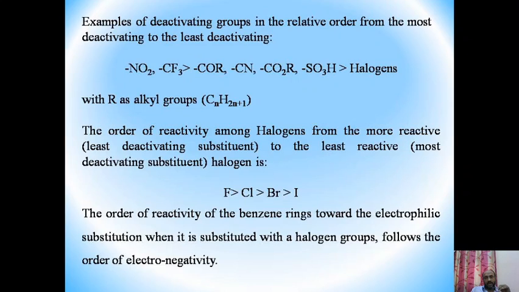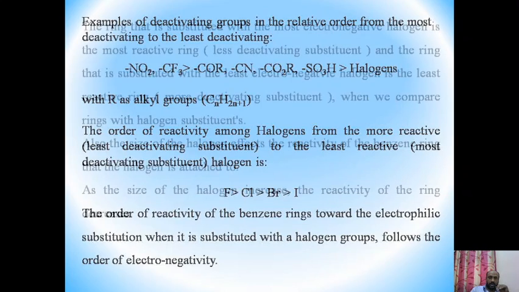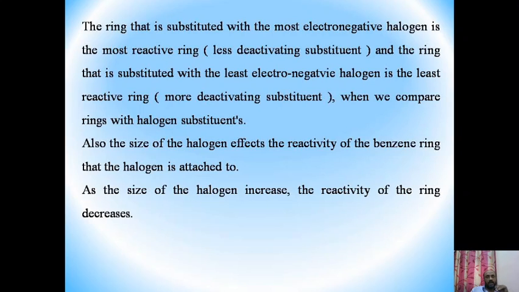The order of reactivity among halogens, from the most reactive to the least reactive, is fluorine, then chlorine, then bromine, then iodine. The order of reactivity of the benzene ring towards electrophilic substitution when it is substituted with a halogen follows the order of electronegativity. The ring substituted with the most electronegative halogen is the most reactive ring, with the less deactivating substituent.